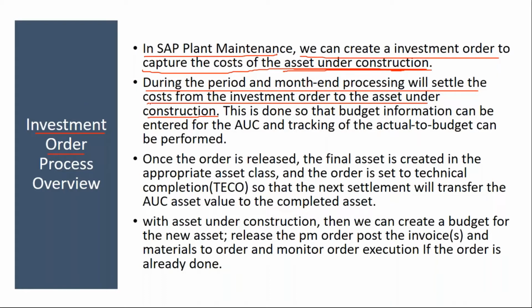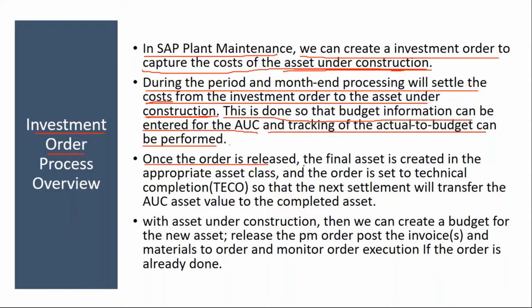But here, the cost will be settled to the asset under construction, basically to the asset. This is done so that budget information can be entered for the AUC and tracking of actual to budget can be performed. So to track the actual installation cost, they will do this settlement to the asset.